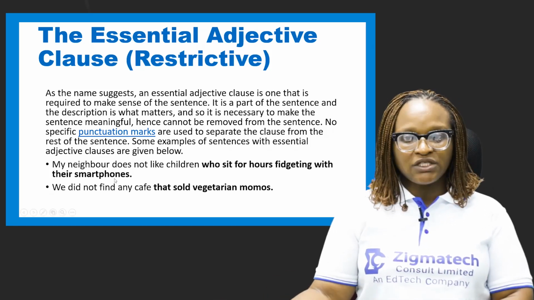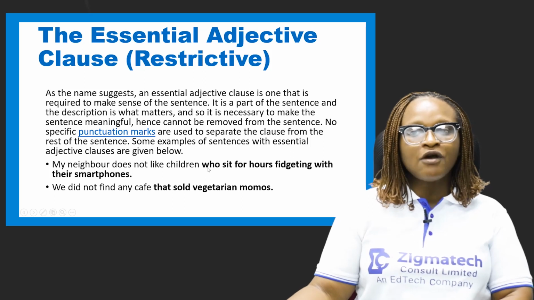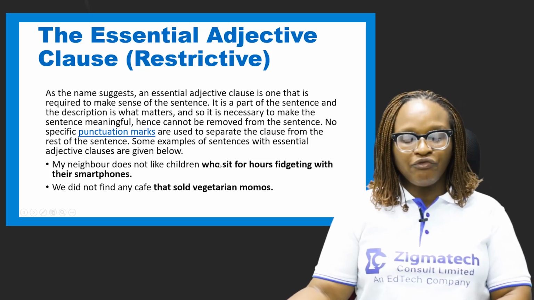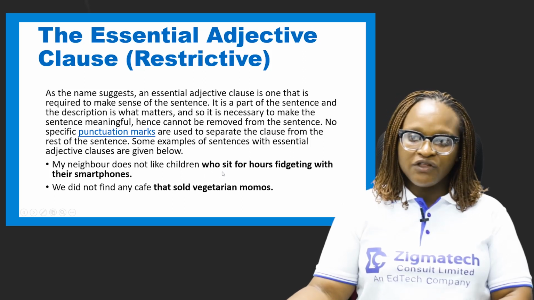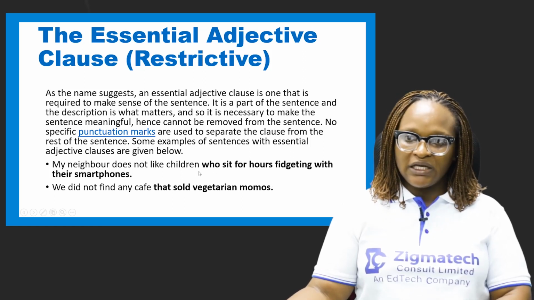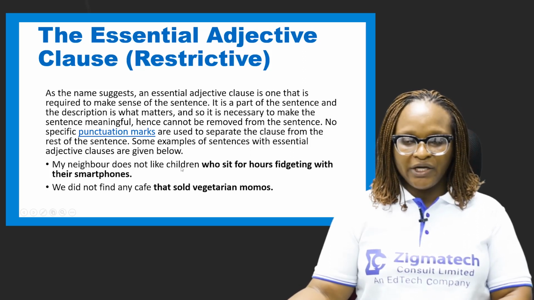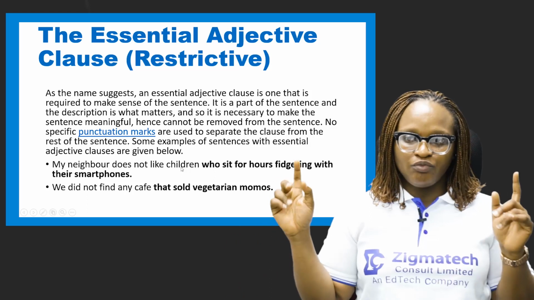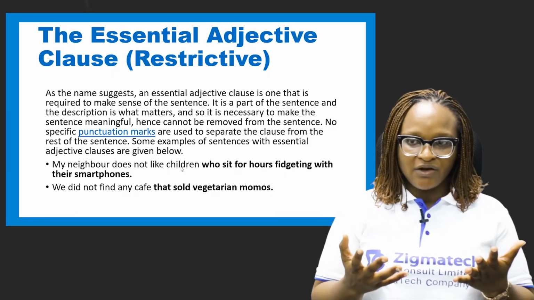So in this restrictive adjectival clause, we have children before the relative pronoun. So having children before the relative pronoun simply tells you what? That the function of this adjectival clause is that it modifies the noun children. Now the children has to be put in quotes. In answering your question, what is the grammatical name?